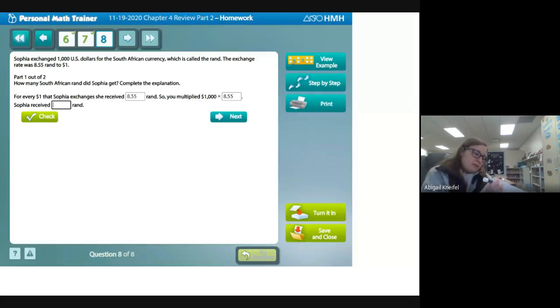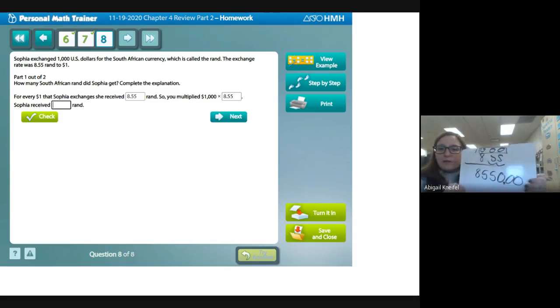So 8.55 times 1,000. When you times things by 1,000, all you got to do is throw in those zeros on the end. There were 3 zeros, so put 3 zeros in. And then there was only 2 decimals. So we don't even have to actually multiply it. We just add the zeros from the 1,000, okay? So how much did she receive? 8,550.00 Rand.